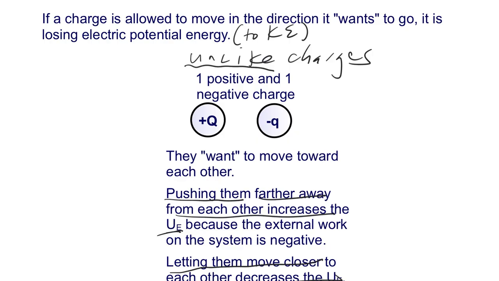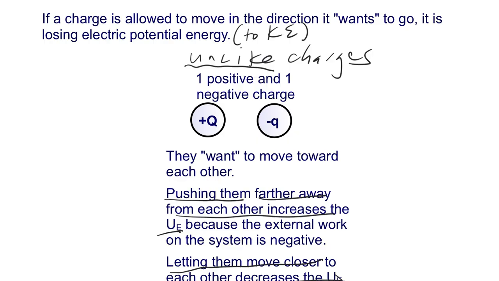These two charges want to move closer together. If you push them apart, you increase the distance between them. You have to do work to do that. And your work, external work, is turned into electric potential energy stored in the system.